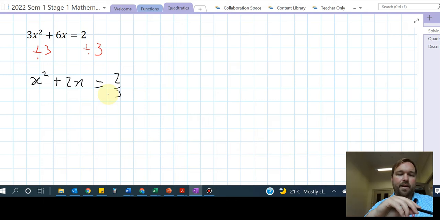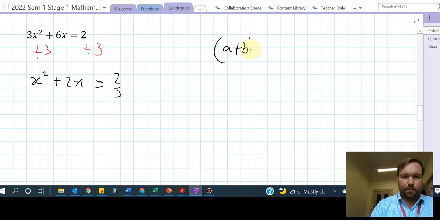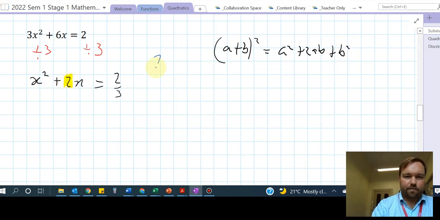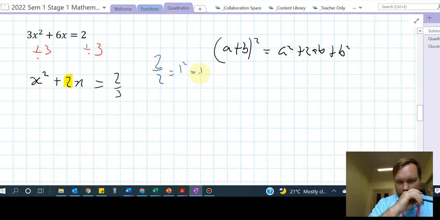Then we want to set up a perfect square. So a perfect square is the form a plus b squared, which is a squared plus 2ab plus b squared. What we do is we basically take this center number here, halve it, and that gives us 1, and we square it, which is 1.